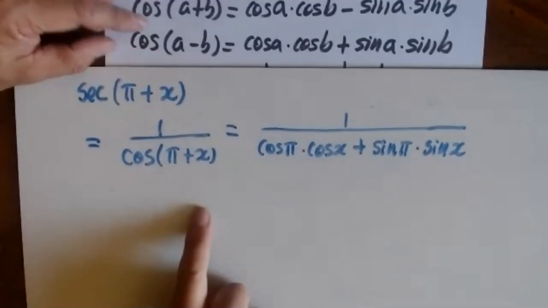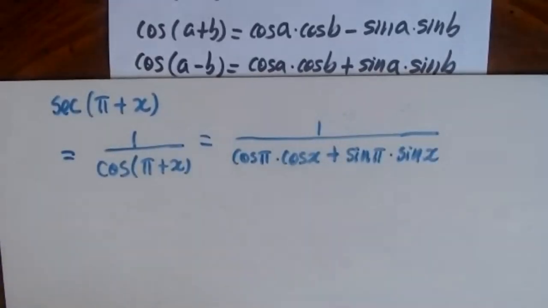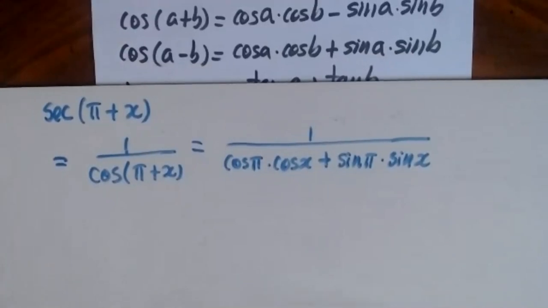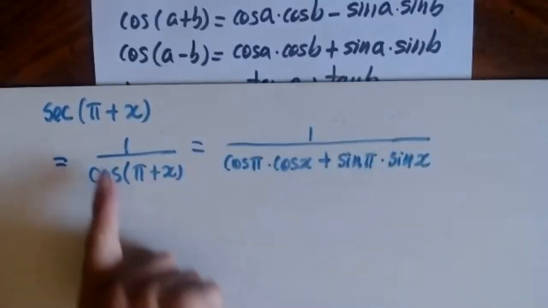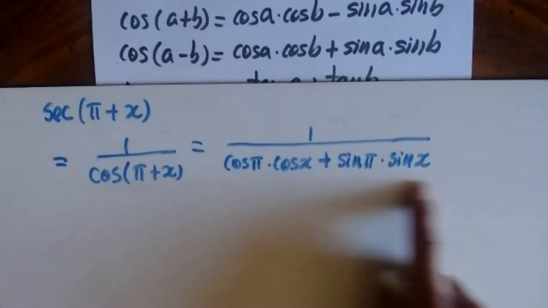So everybody catch what happened? I don't have secants here, but I know the secant is 1 over cosine, basic identity. So I change this one by this one, and I open this one using this formula.